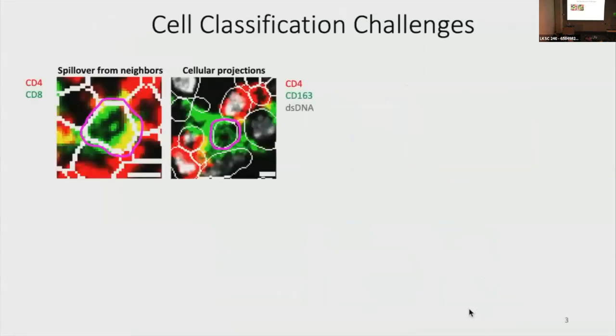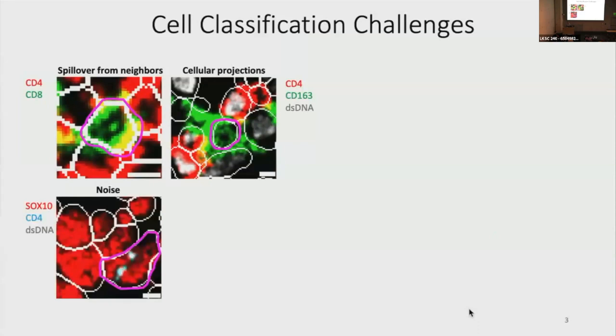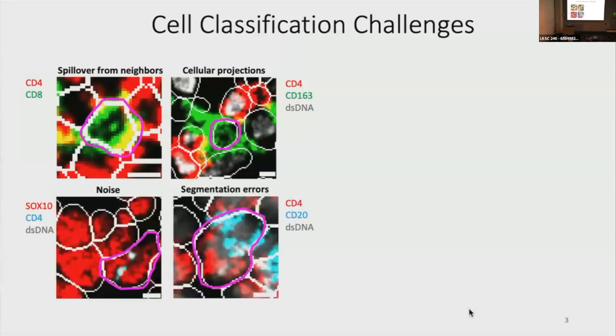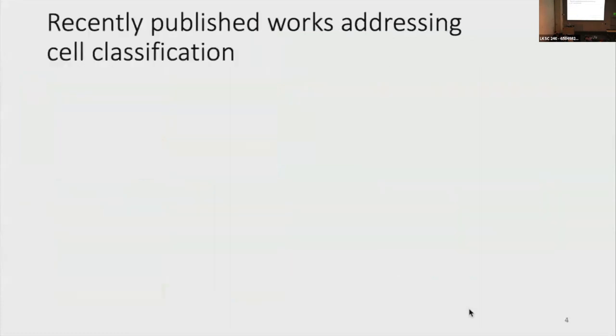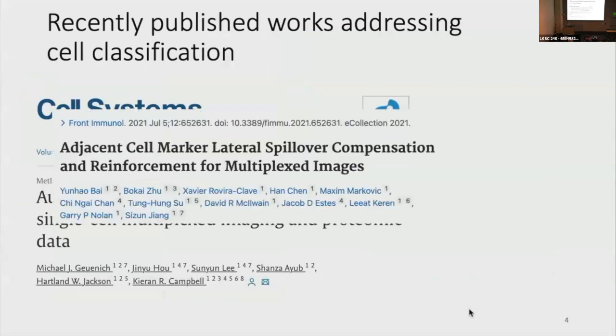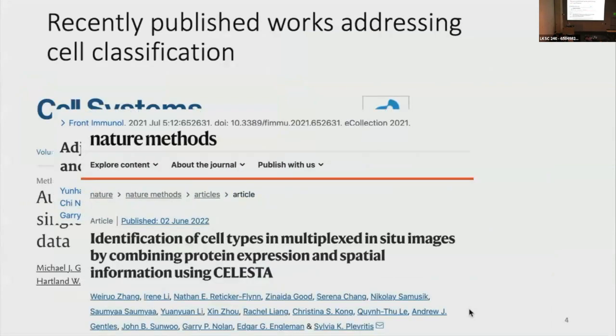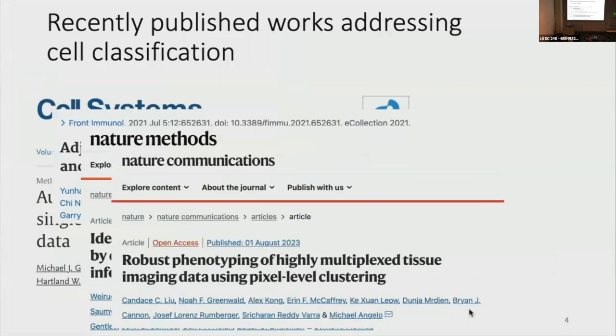We've already seen that there's overlapping spillover from neighbors, projections from different cells. And of course, we always have some noise and still some segmentation errors that lead us to get clusters of cells that have expression of multiple different types of lineage proteins. So there have been all these works trying to deal with this in different ways.